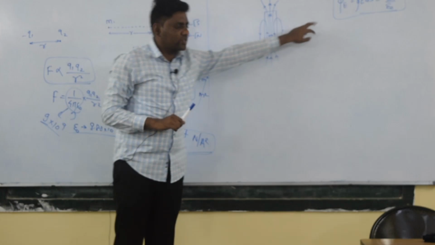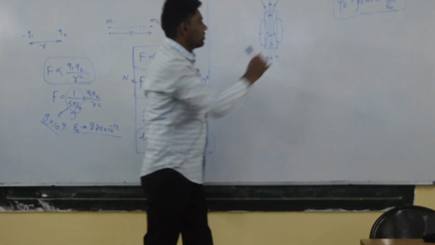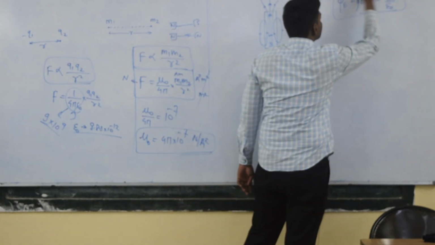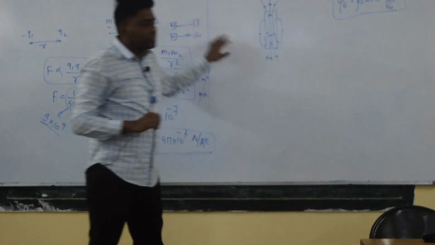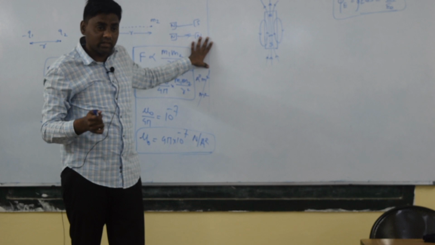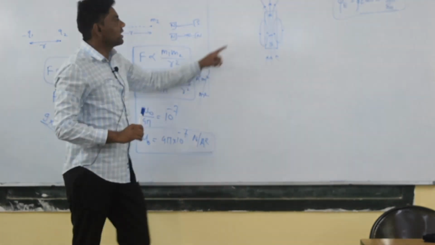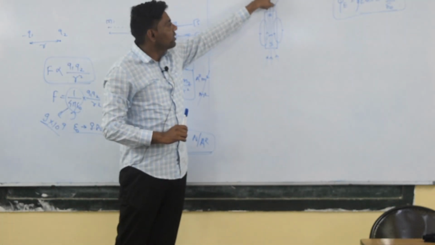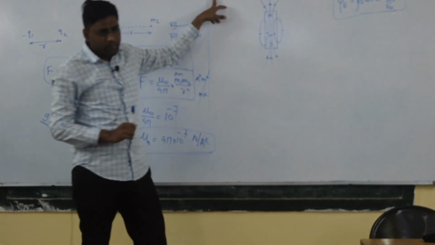This is the mathematical statement for Gauss law. Now, Gauss law gives the relationship between charge and electric flux. So similarly, we have to study or apply the Gauss law for magnetism.